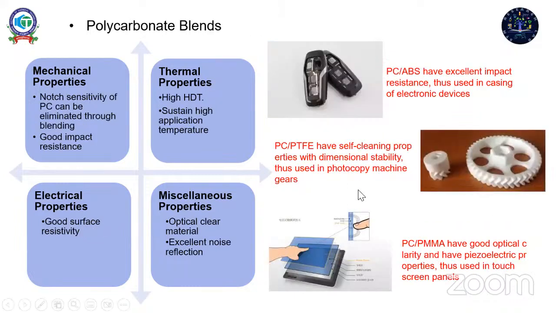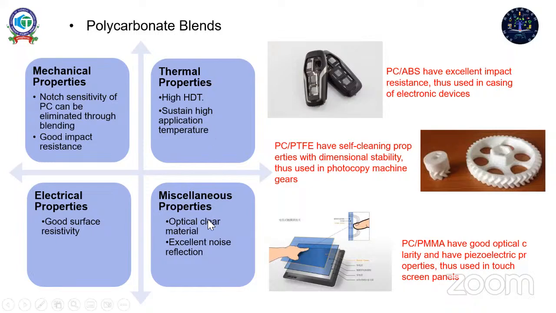Talking about polycarbonate blends, they have thermal properties and mechanical properties. Okay, so in case of mechanical properties, polycarbonate blends can give you good impact resistance. The notch sensitivity of the polycarbonate is generally eliminated by blending it with some other polymers.